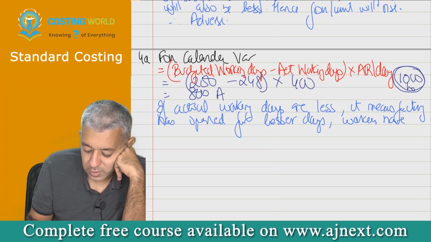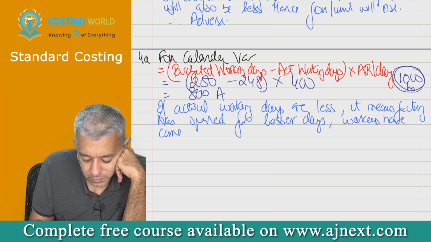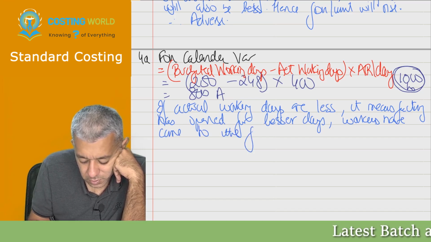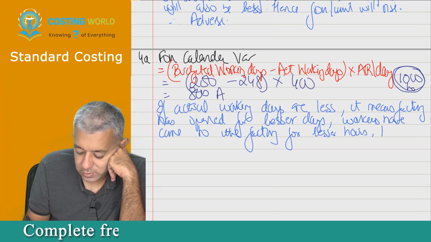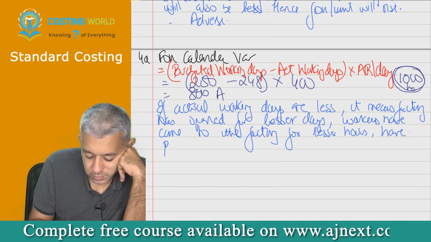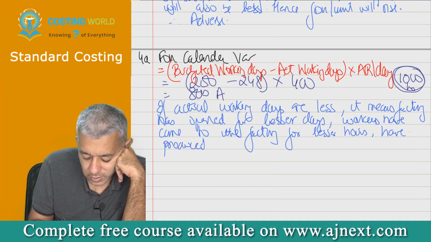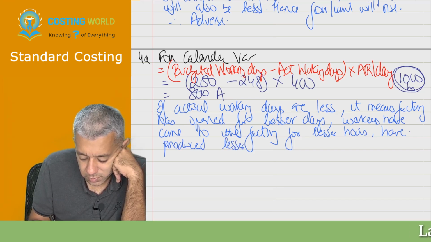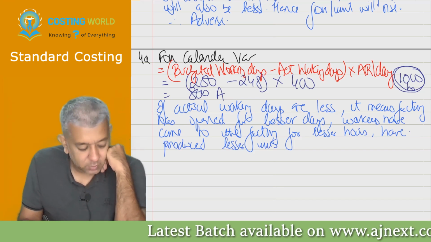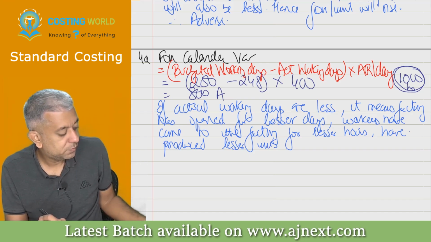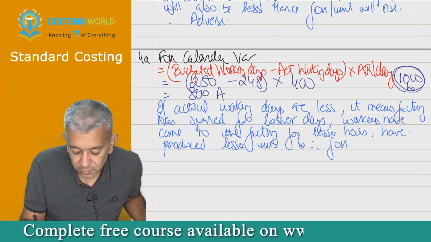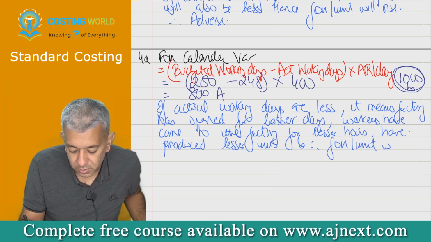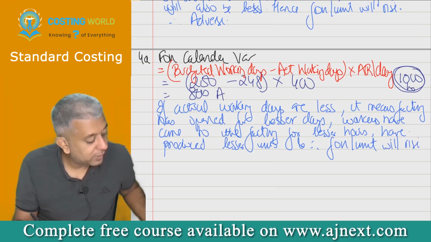Workers have come to the factory for lesser hours, have produced lesser units, and therefore fixed overheads per unit will rise.